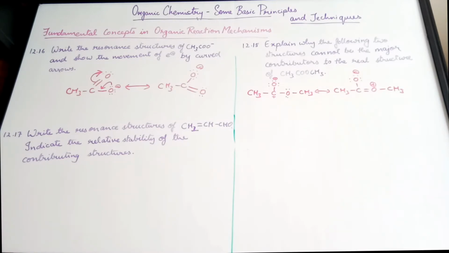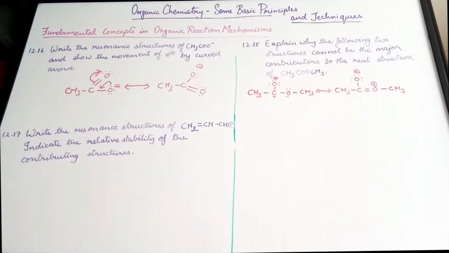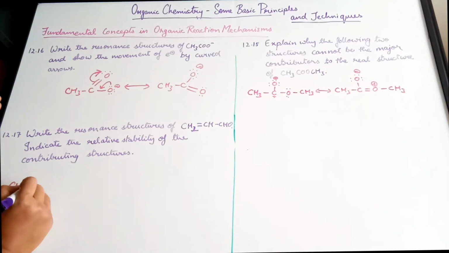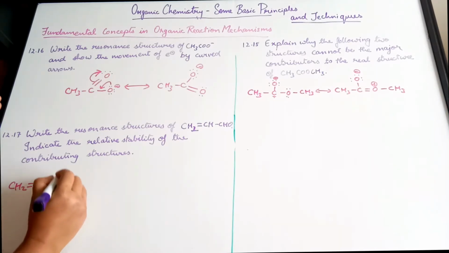The next one, we need to write the resonance structures of CH2, CH2, and we need to say which is the most stable of the group. So CH2 double bond CH, single bond COH.